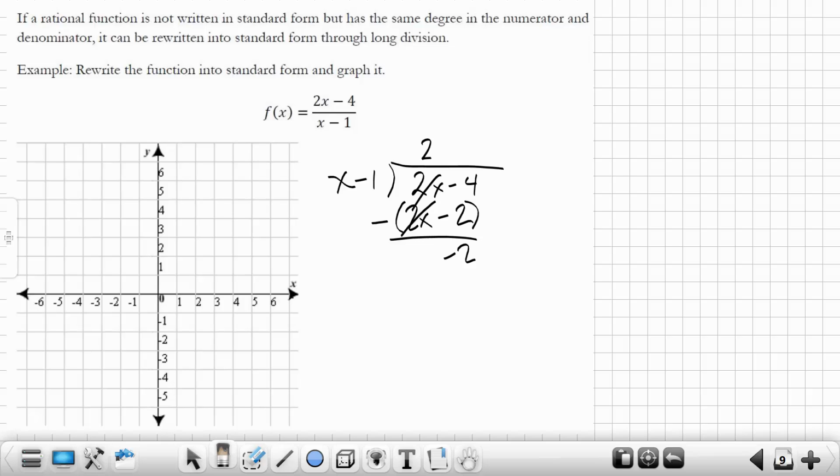So that's negative 4 plus 2. So my remainder is negative 2. Does anybody have any questions about the long division before I move it on?